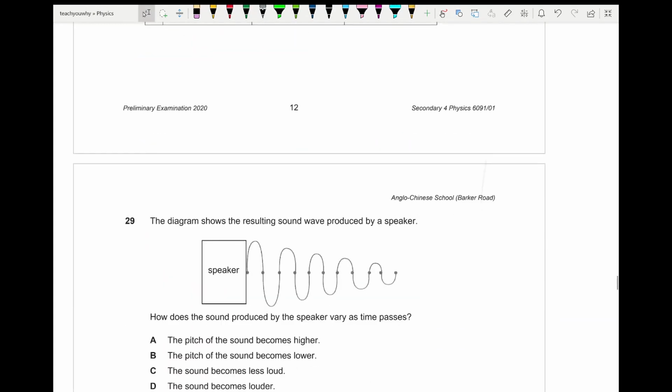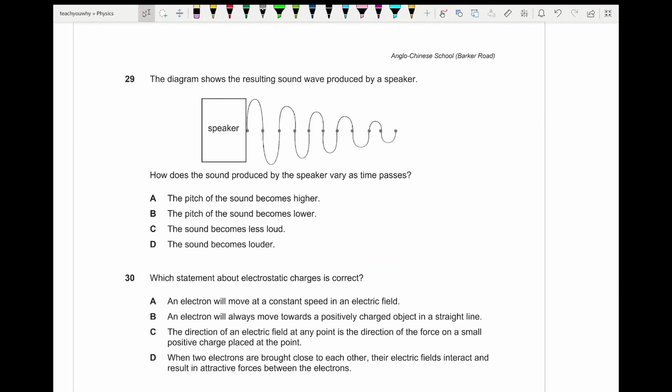Question 29. The diagram shows the resulting sound wave produced by the speaker. How does the sound produced by the speaker vary as time passes? Let's see. If you compare this, the wavelength all remains the same. If the wavelength remains the same, we cannot say that the pitch changes.